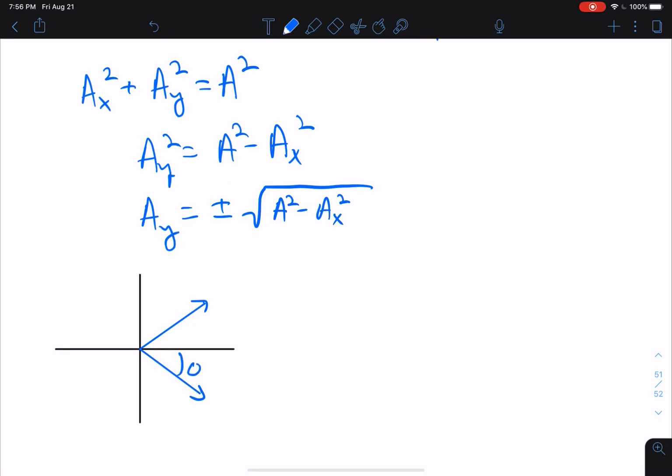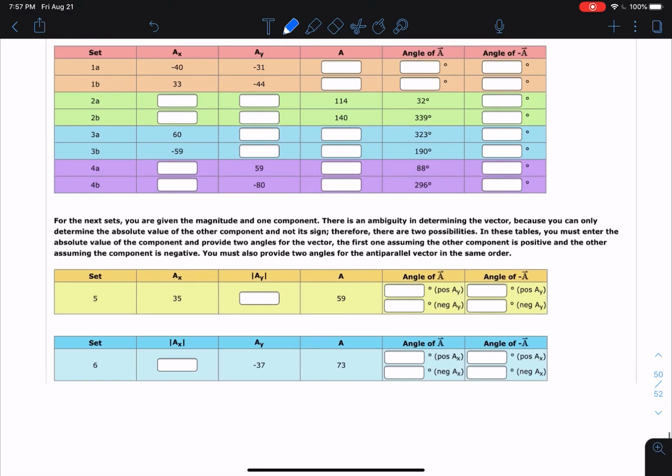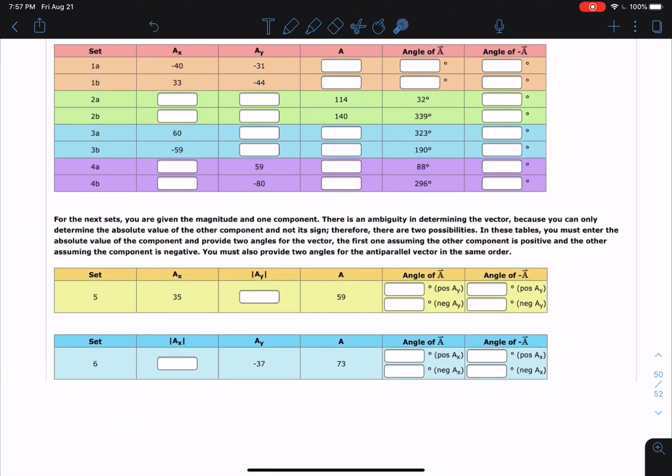My drawing isn't perfect, but regardless of whether the y component is positive or negative, it's going to have the same angle relative to the horizontal. Now you can see these two vectors are pointing in different directions. And so that's why, if we come back up to here, it says, okay, what's the angle for A if you had a positive y component? What if you had a negative y component? What's the angle going to be?